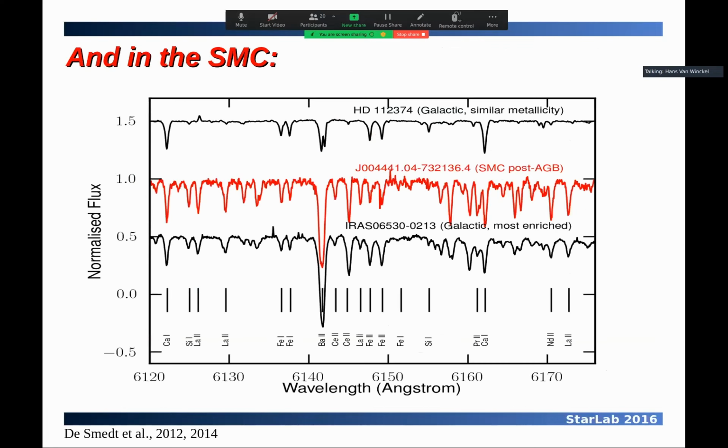My favorite in the SMC is J004441. This object, if you look at the spectrum, is completely dominated by S process lines. Almost all the lines you see are S process. The top one is a galactic object with similar metallicity, similar temperature, similar gravity, but the spectrum is completely different and completely dominated by those S process lines.